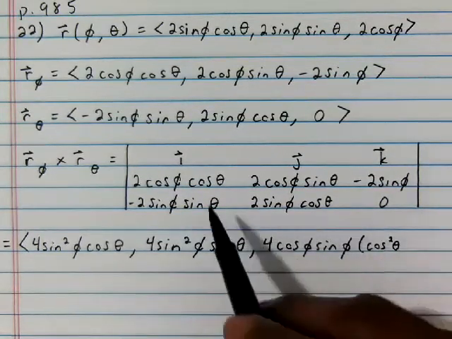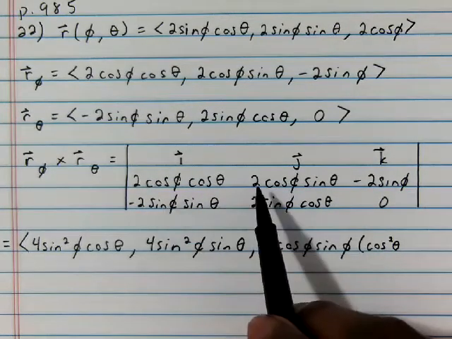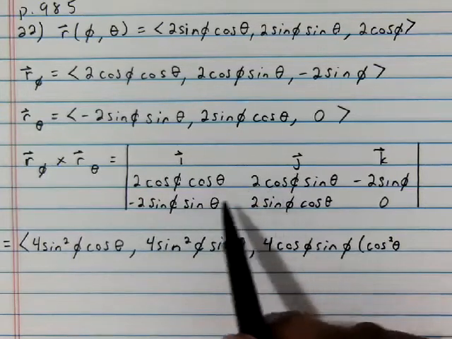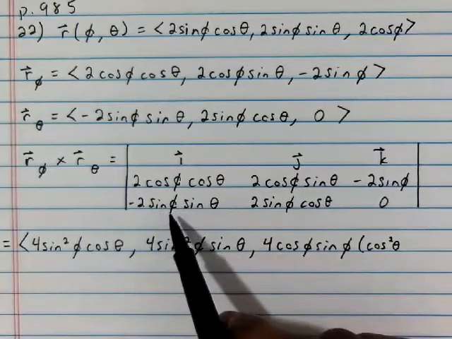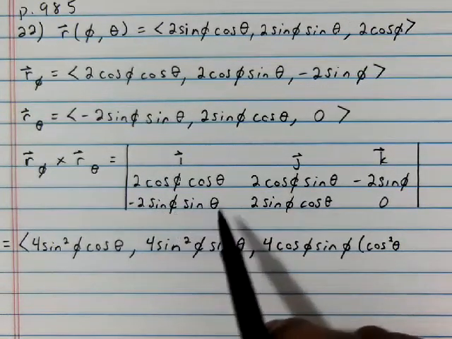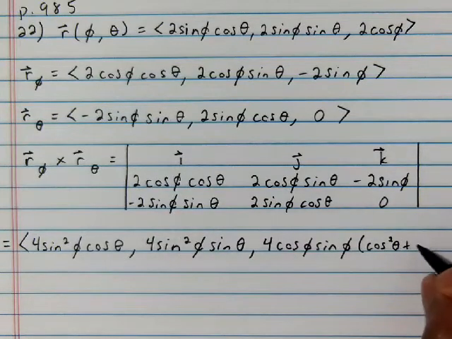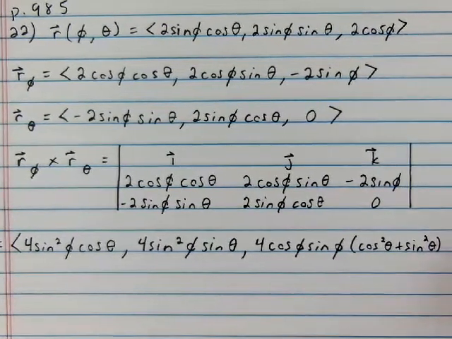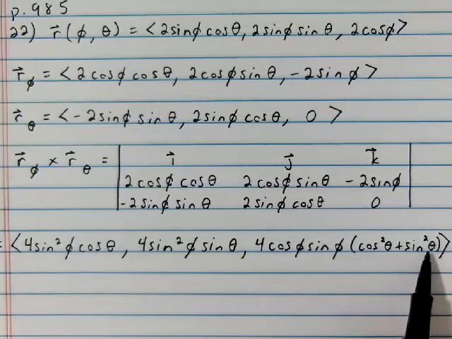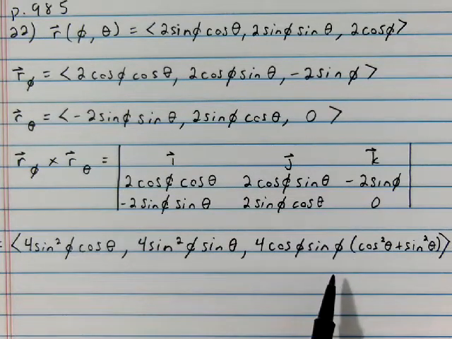And then here, this was minus a negative, so it's plus sine squared theta, close that, and close our vector bracket. All right, so now this, of course, in parentheses is just 1. So we end up with these three terms right here.